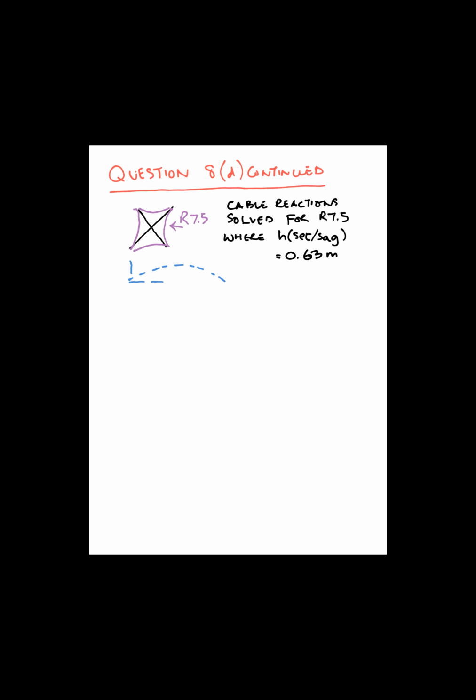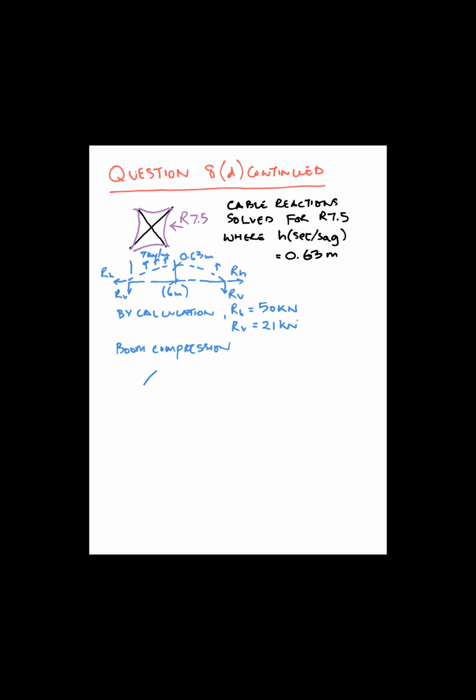We have a rise, which is the set or the sag, of 0.63 meters in this case, which we found from geometry, and by calculation again we find that the RV is 21 kilonewtons, and RH is 50 kilonewtons.